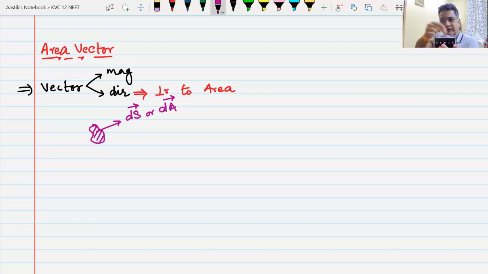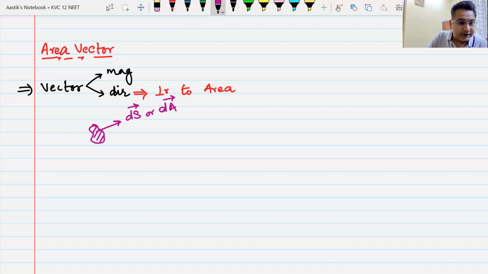If the area is like this, this is the direction of area vector. For each of these surfaces, this is the direction of area vector. So the direction of area vector is just perpendicular to the surface. Do we understand this? Yes or no?